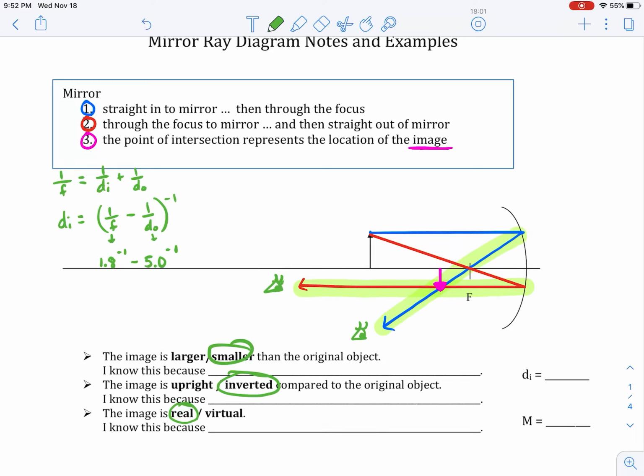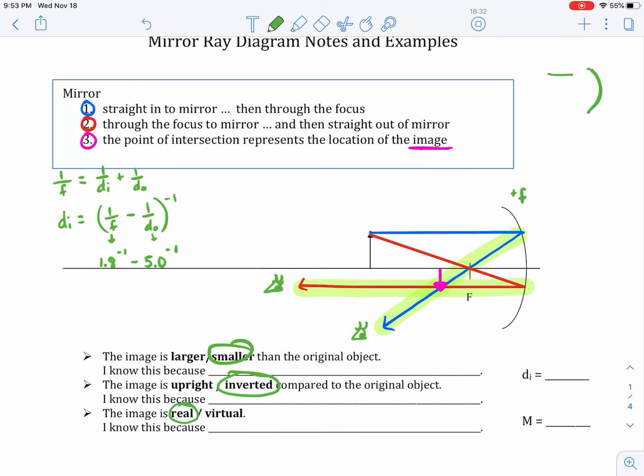Before we put this in our calculator, we cannot forget that in our notes we were told that converging light rays provide a positive focal length and diverging light rays provide a negative focal length. So you need to pause before you go to your calculator and determine: is this mirror going to give me a positive F or a negative F?